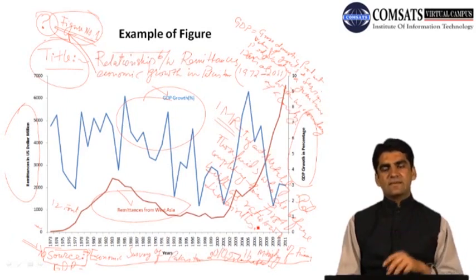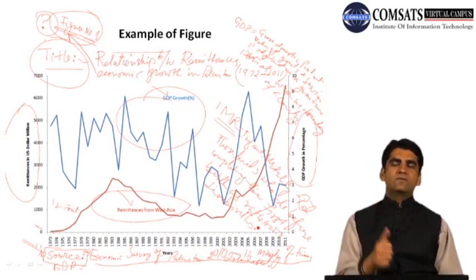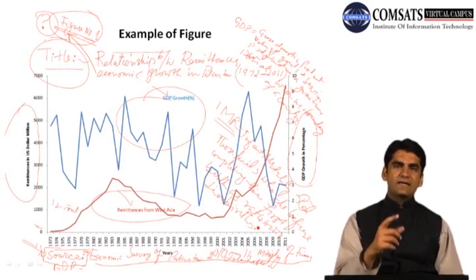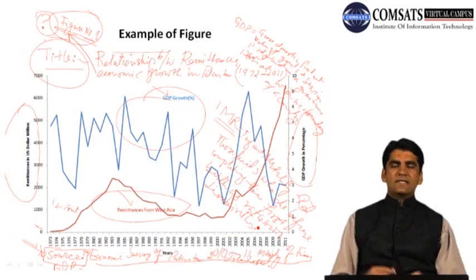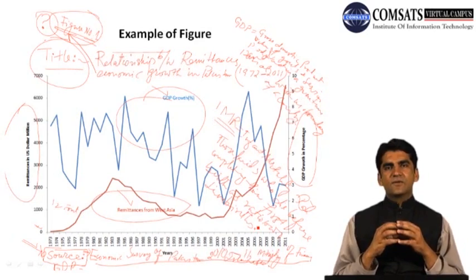In our previous examples and also in these examples, we have seen that the title was missing. If there is no title, how can one understand the aim of making this graph? The title gives us an idea that this graph wants to show the relationship between remittances and economic growth.